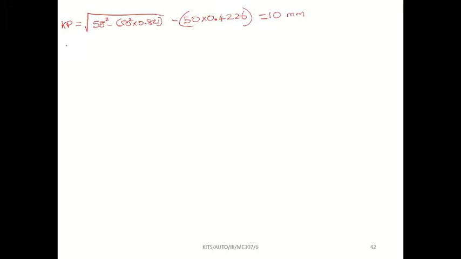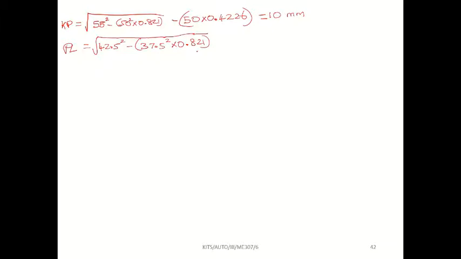Similarly, PL equals root of 42.5 square minus 37.5 square into 0.821, that is RA square minus R square cos square 20.